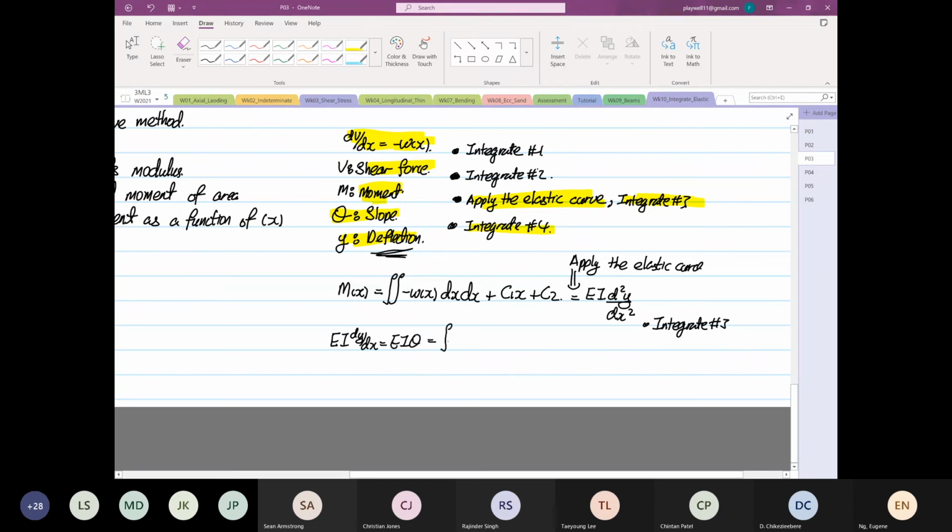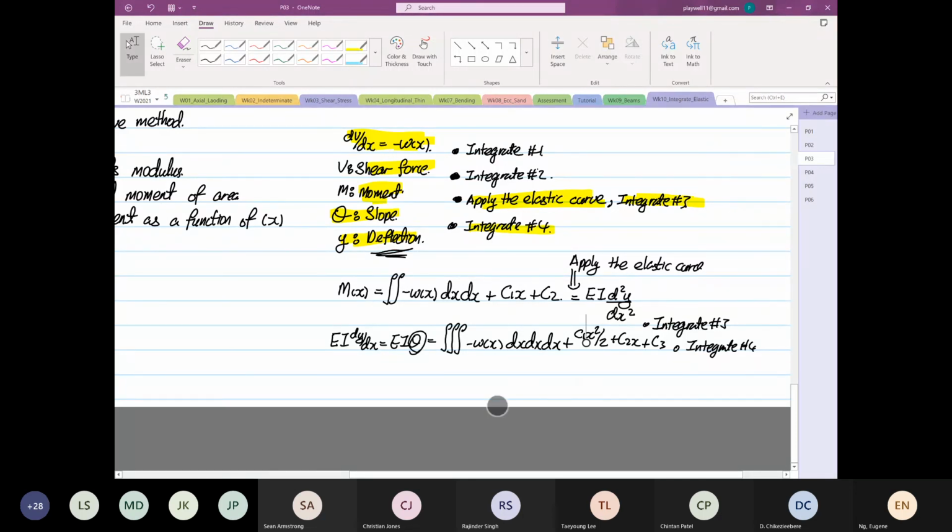So you have minus omega x cubed over 3 times 2, plus C1 x squared divided by 2, plus C2 x, plus C3. Then we integrate again. This one you get the slope.